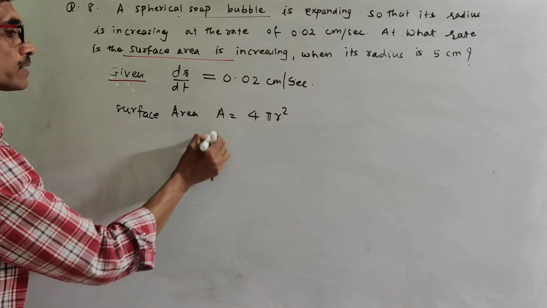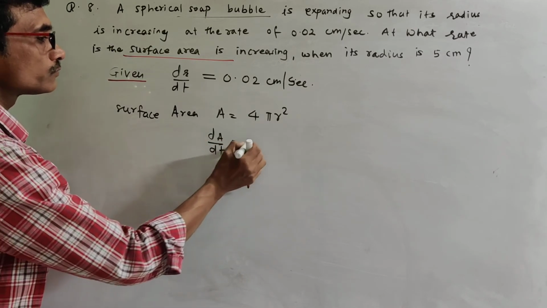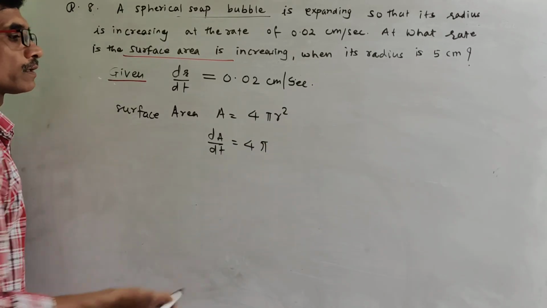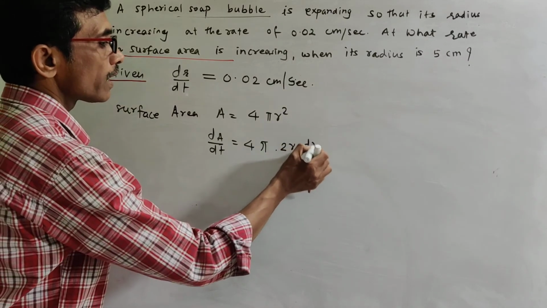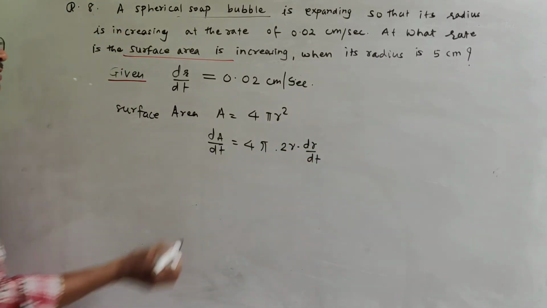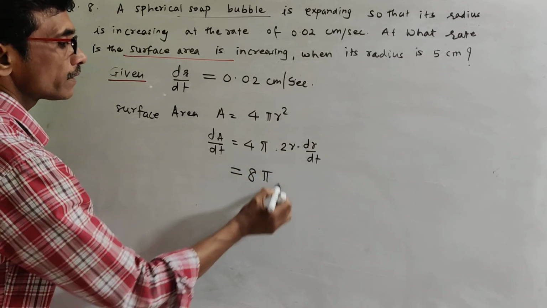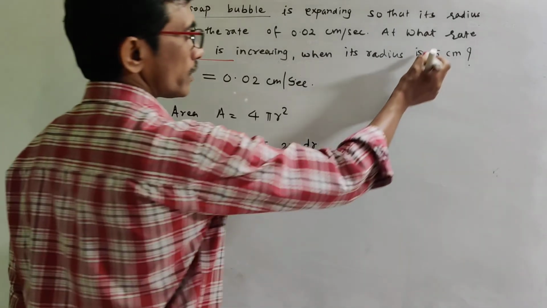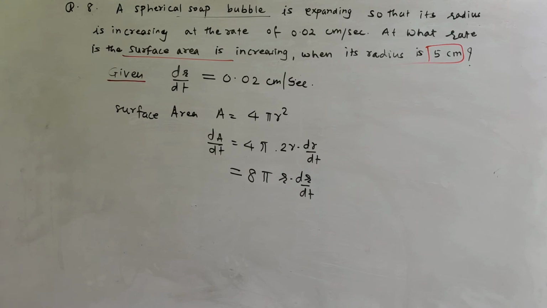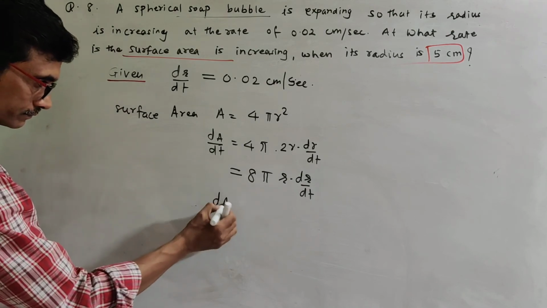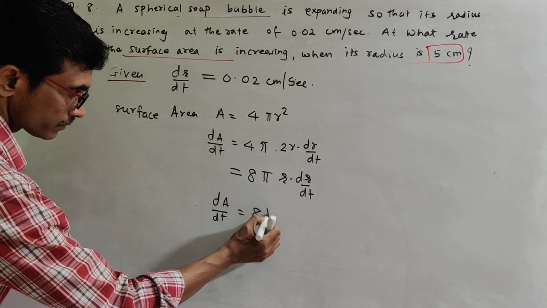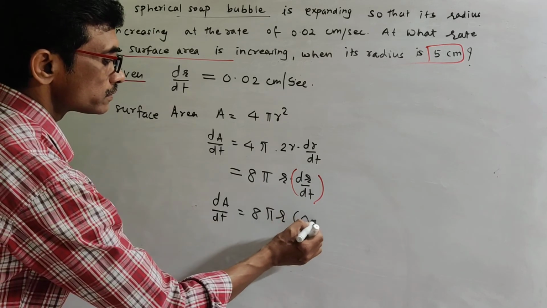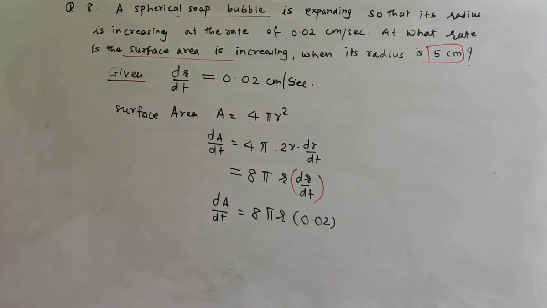We differentiate it with respect to t. dA by dt is equal to 4 pi, and we apply the chain rule of derivative, that is 2r into dr by dt, which is 8 pi r into dr by dt. Now we want to find this at r equal to 5. So dA by dt is equal to 8 pi r, and dr by dt is known to us, which is 0.02 centimeter per second.